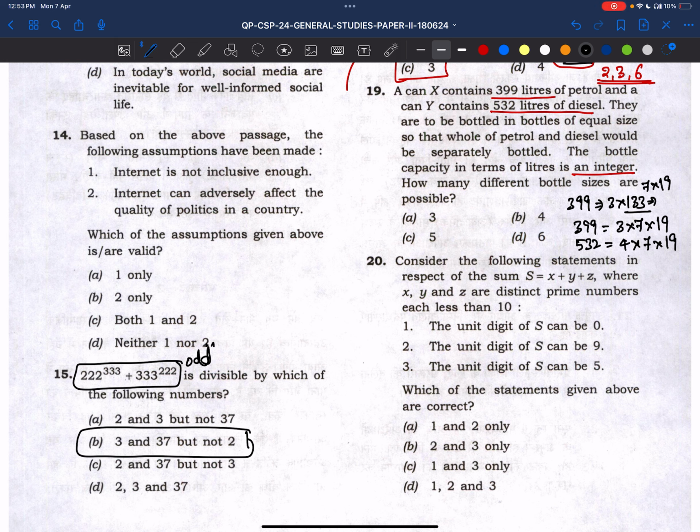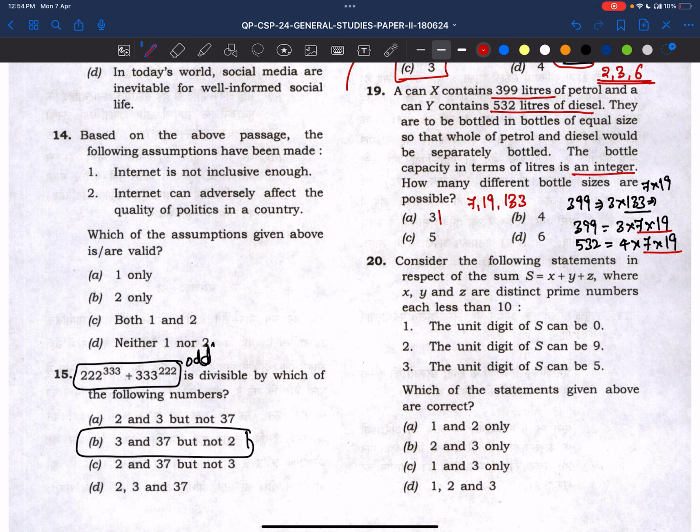What are the common factors in this question? 7 and 19, right? So what will be the different sizes of bottles? One is a 7 liter bottle, a 19 liter bottle, and 7 into 19, 133 liter bottle.